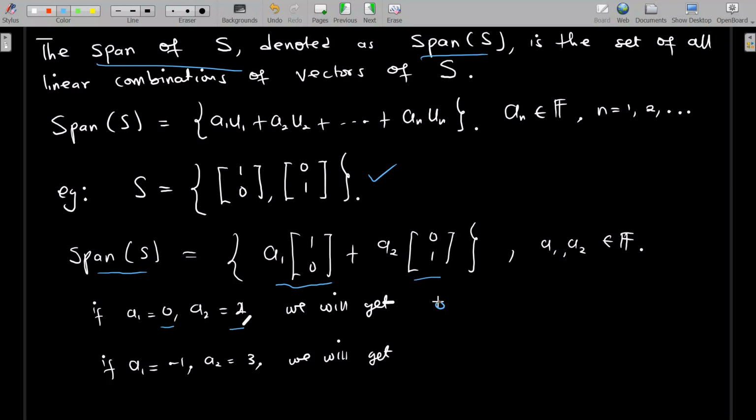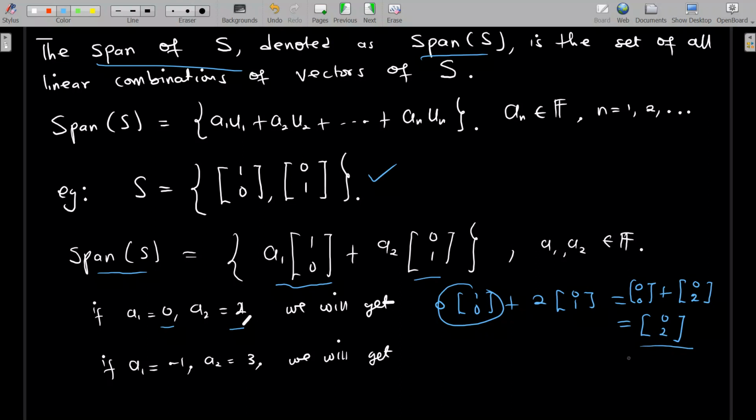We get 0 times (1, 0) plus 2 times (0, 1). 0 times everything here gives the 0 vector, and if I add it to this guy, I get (0, 2). So (0, 2) actually belongs to the span of S, because you can write this vector (0, 2) as 0 times u1 and 2 times u2.